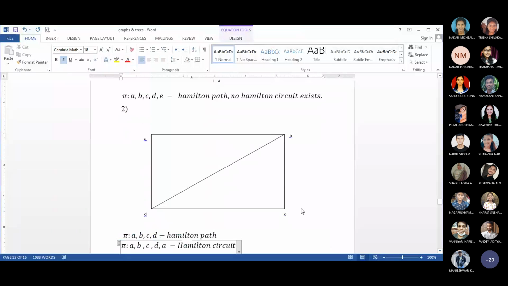Second example, you can have a Hamilton path as well as a Hamilton circuit, starting from vertex A, ending at vertex A. So A, B, C, D, A. So this is an example of a Hamilton circuit. A, B, C, D is an example of a Hamilton path.